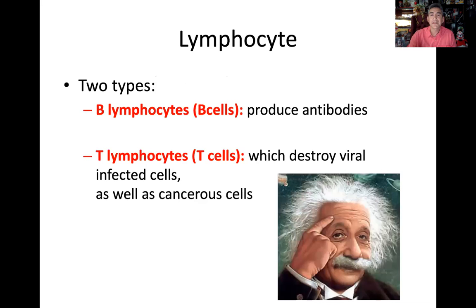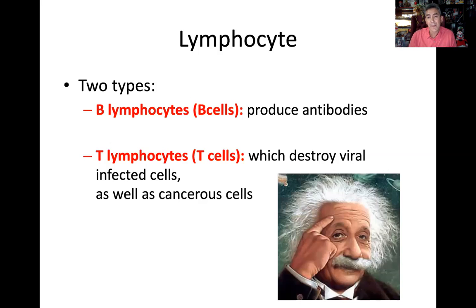When we look at the lymphocytes, we're looking at 2 types, and I'm going to come back to these later. But for now, let's just say that we have the B lymphocytes and T lymphocytes. What's the difference is where they originate from. If you were born in America, you're an American. If you were born in Mexico, you're Mexican, whatever.